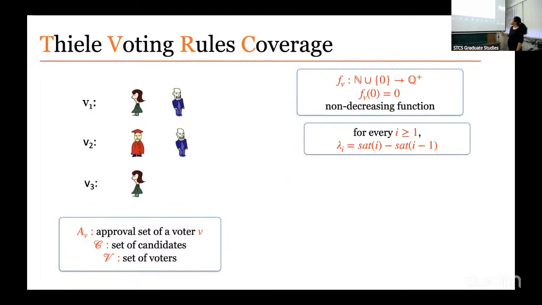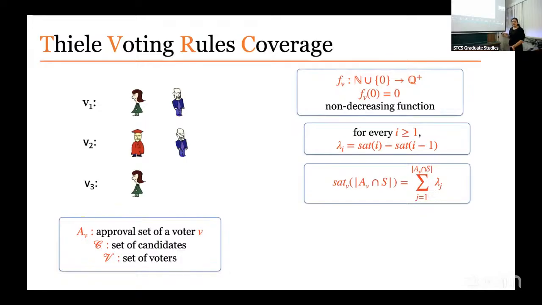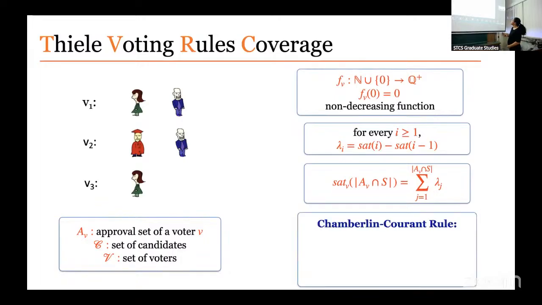For technical purposes, and also because this is how it is studied in the literature of multi-winner election, for every i greater than or equal to 1, this margin we define as lambda i. Now satisfaction is the summation of these lambda i values. Sorry, what is set? I thought you defined set in terms of a set. Set I defined in terms of a set.